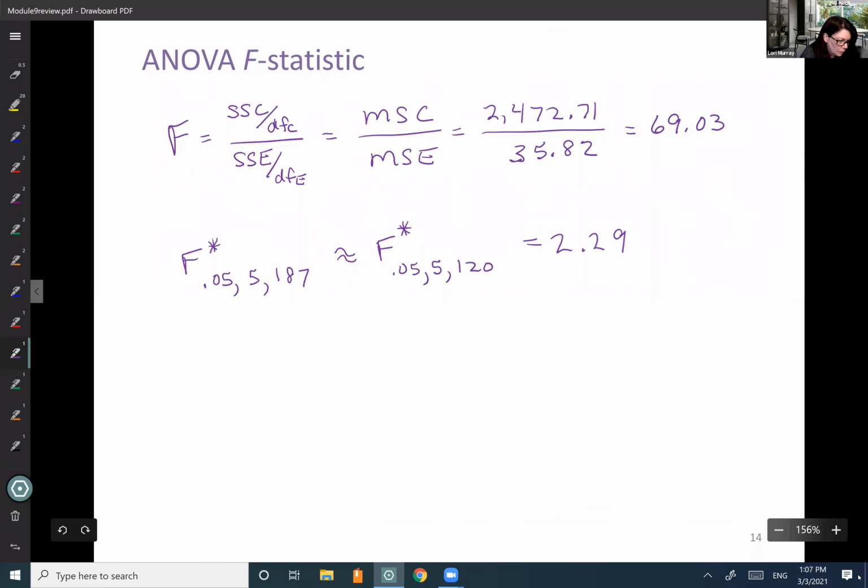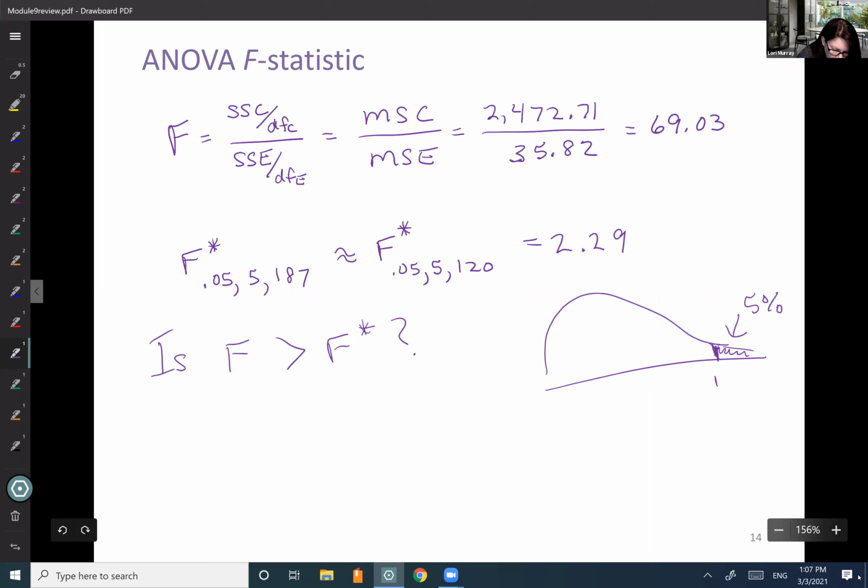And now what we want to do is ask ourselves, is the observed F greater than the critical value F? Because if you look at the distribution, our critical value F corresponded to 5% under the curve, the area under the curve.